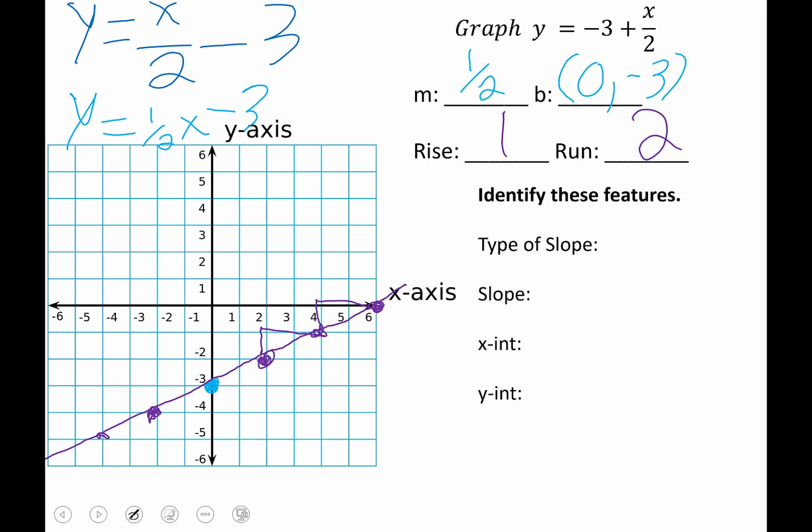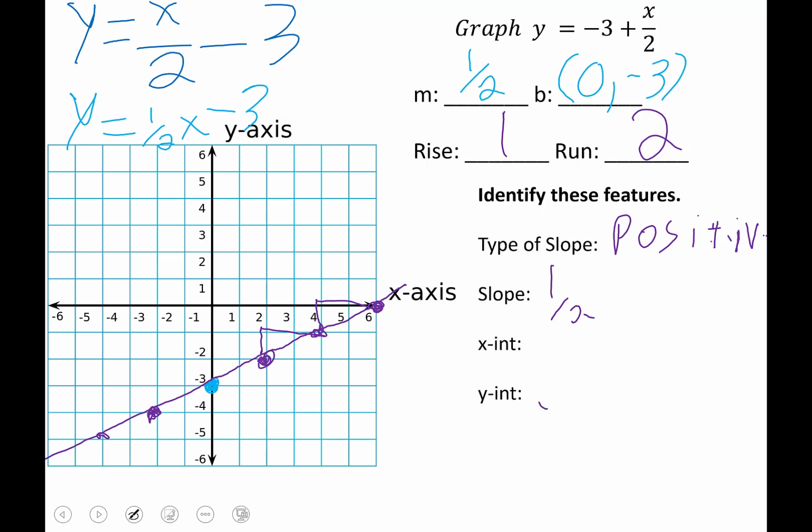All right, so what type of slope do I have? Is it positive, negative, 0, or undefined? Well, in this case, it's a positive slope. What was my slope? It was 1/2. What was my y-intercept?